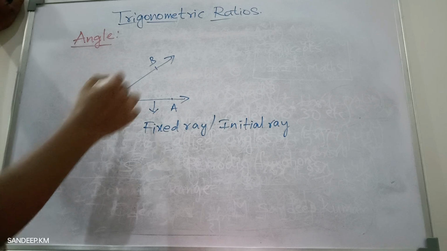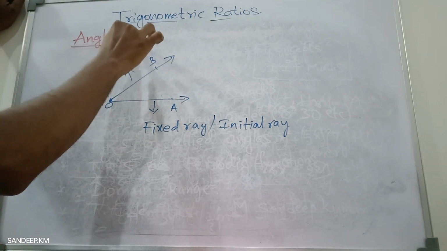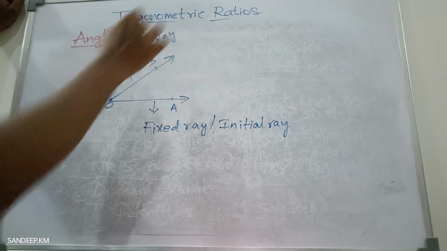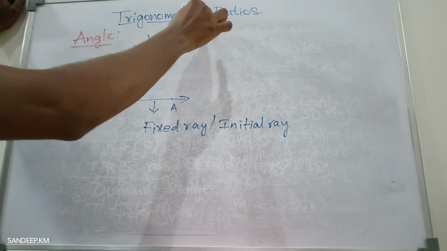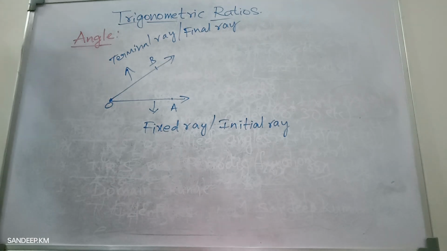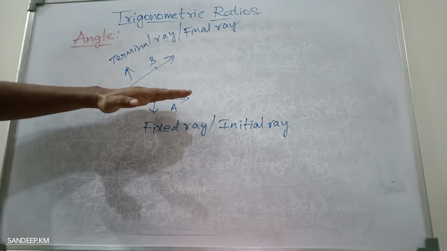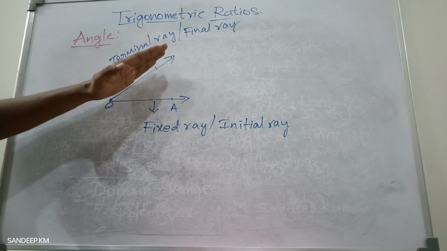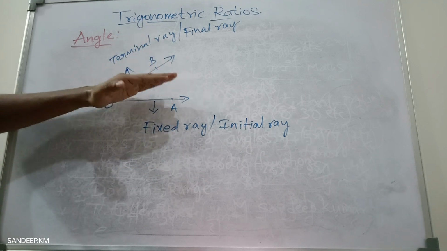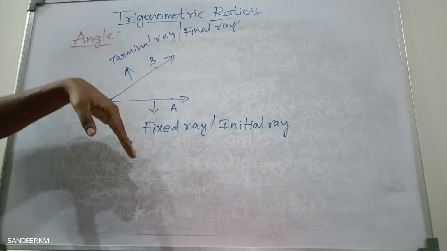Next, OB is called the terminal ray, or terminal side, or you can also call it the final ray. This OA is fixed. It will not change its position. And this OB keeps rotating, either in anti-clockwise direction or clockwise direction.